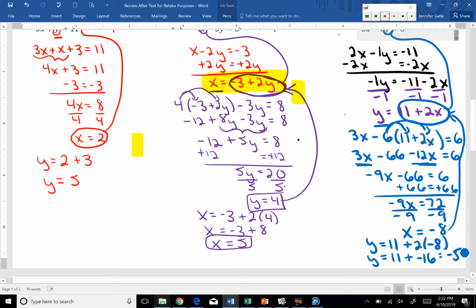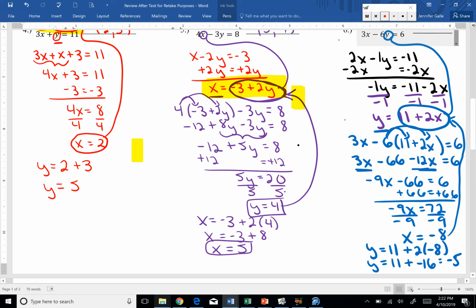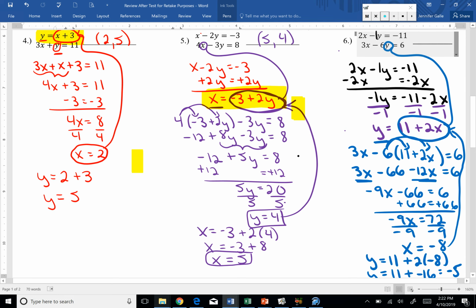And we get that our y equals negative 5. So x is negative 8, and y is negative 5. So just be very sure, about the pieces that I've highlighted up there, that you have a y equals or an x equals before you circle things and substitute. We can't circle and substitute until we have an x or y all by themselves, like what I have highlighted up there for you.